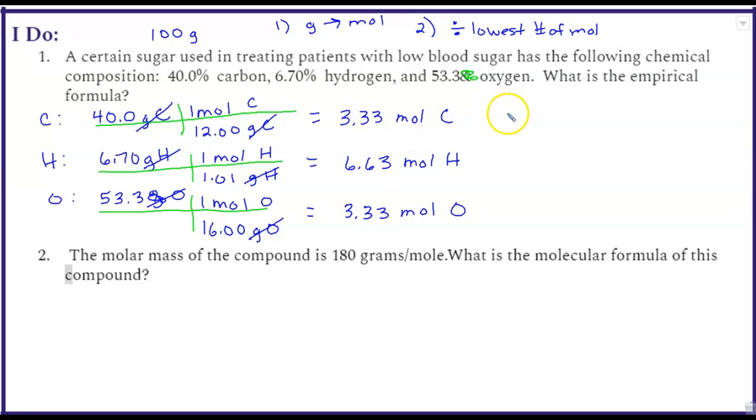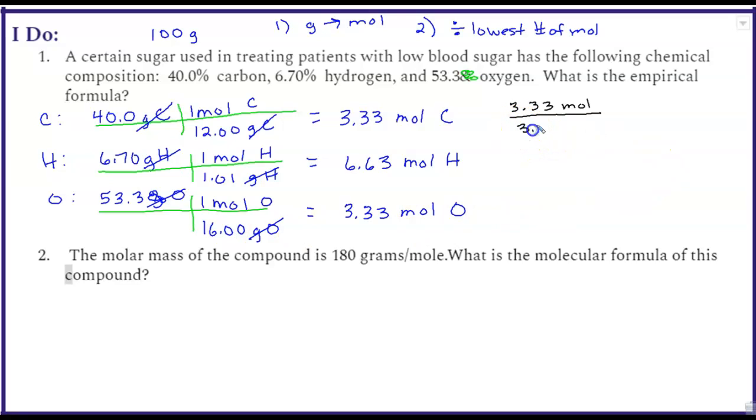And so we're going to divide by the smallest. So I'm going to take 3.33 moles of carbon. And really it's just a mole, so we're just doing the mole ratio. And since moles of oxygen and carbon are the same, at this point we don't really care about putting on a label, so you could leave that piece off.